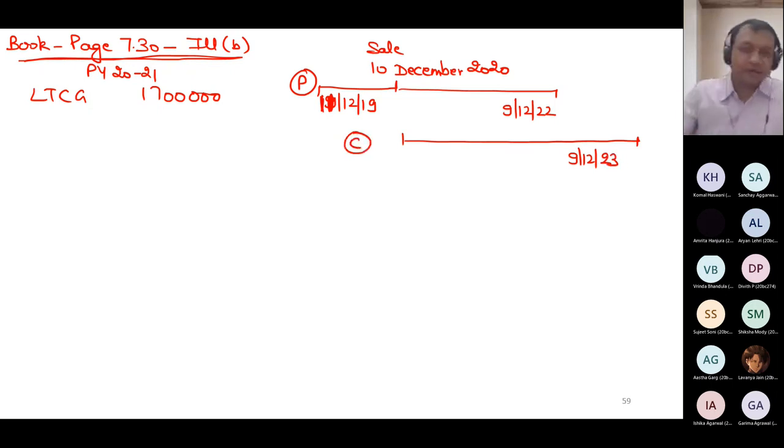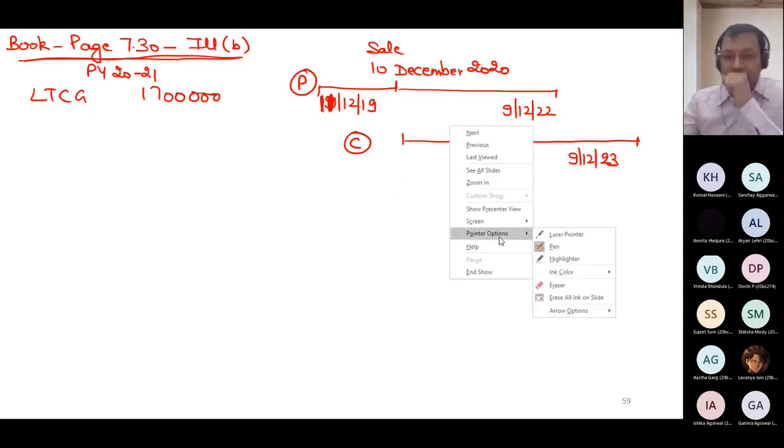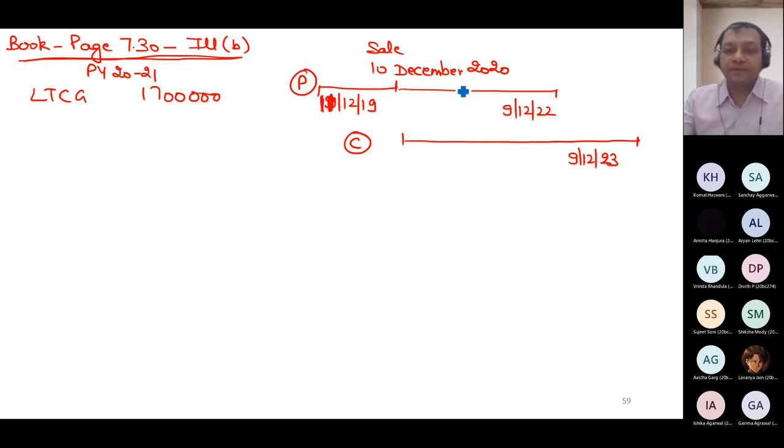Now what I did in my illustration number B, continuing the above illustration A: suppose he purchases a residential house in India on 30th June 21 for 15 lakh.